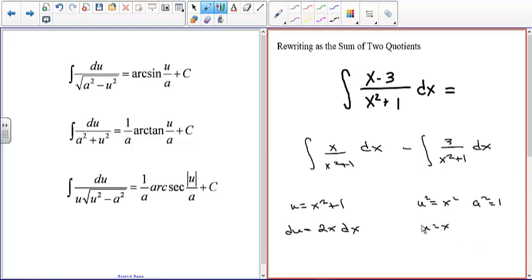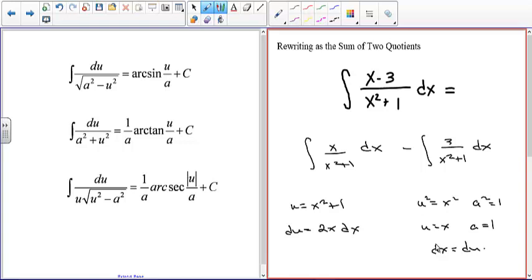So u is equal to x, a is equal to 1, and dx is equal to du. So I have to use different choices for u depending upon what the two parts look like. So go ahead and finish that off.